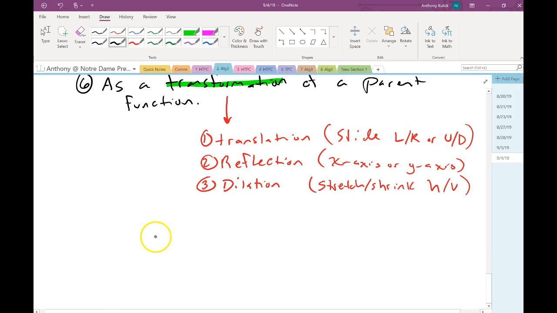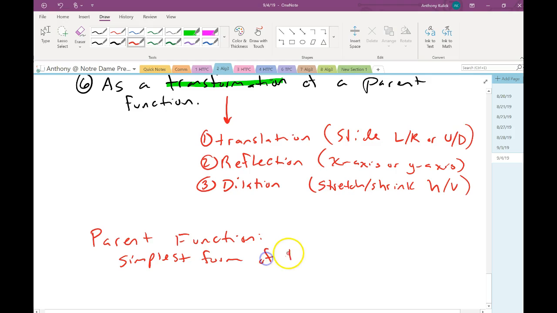So we said that the parent function is the simplest form of that type of function.